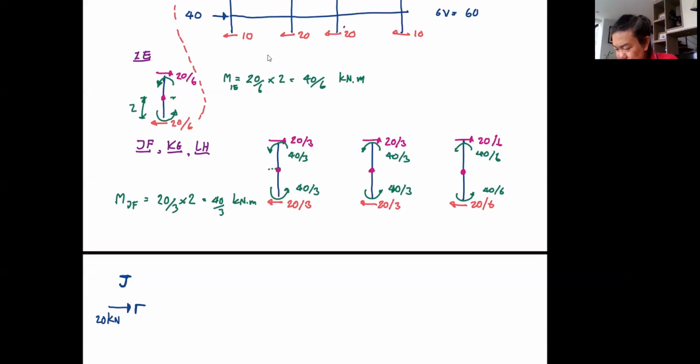So this guy should be clockwise. That's 40/6. Okay. And you have the shear going to the right. So you must have the shear here going to the left. That's a free body diagram according to the forces you have from the column and the external force. Okay.